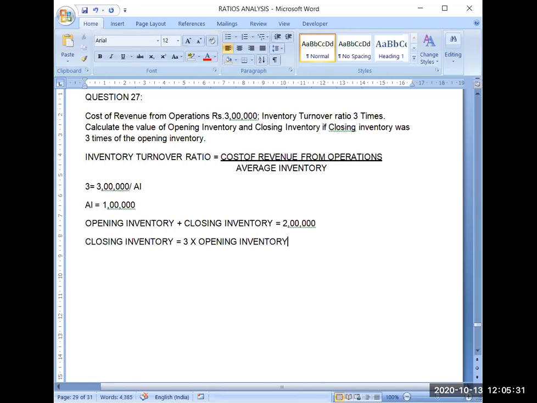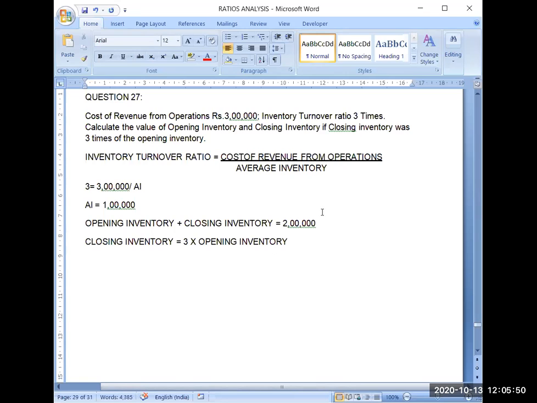So it can be expressed in 2-3 ways. It can be said that closing inventory was 3 times of the opening inventory. It can also be said opening inventory was 1/3 of closing inventory. So the equation will be closing inventory is equal to 3 opening inventory.